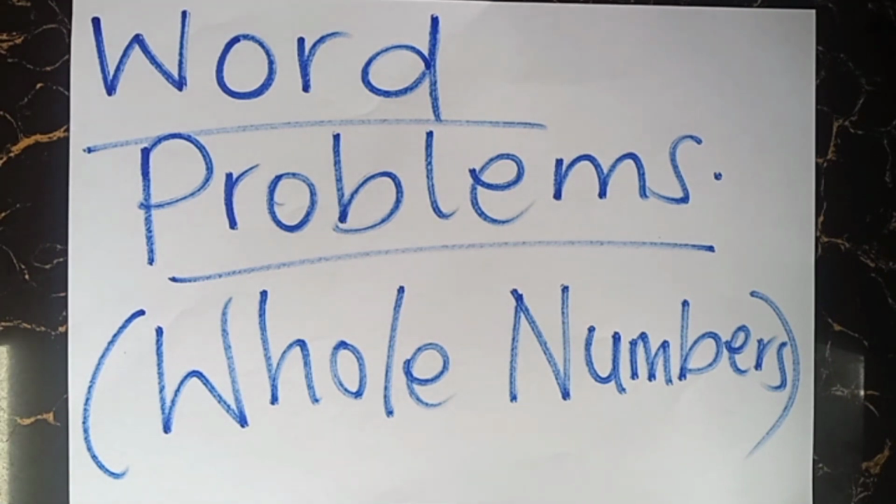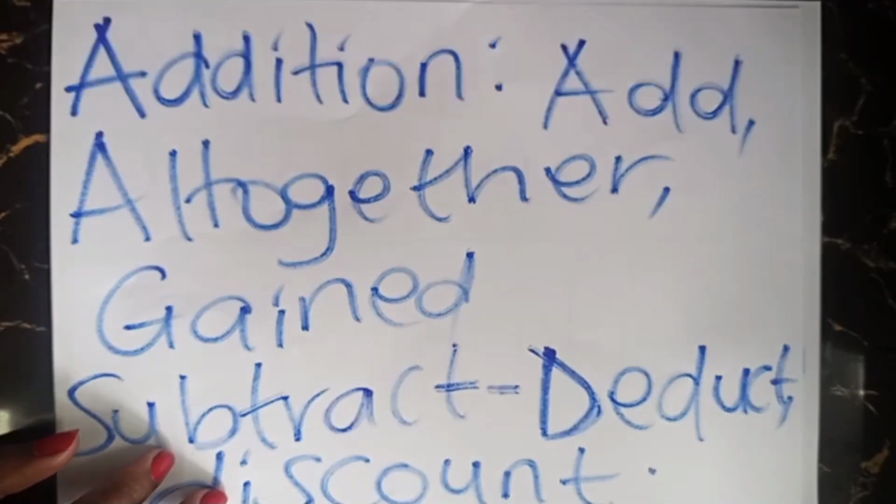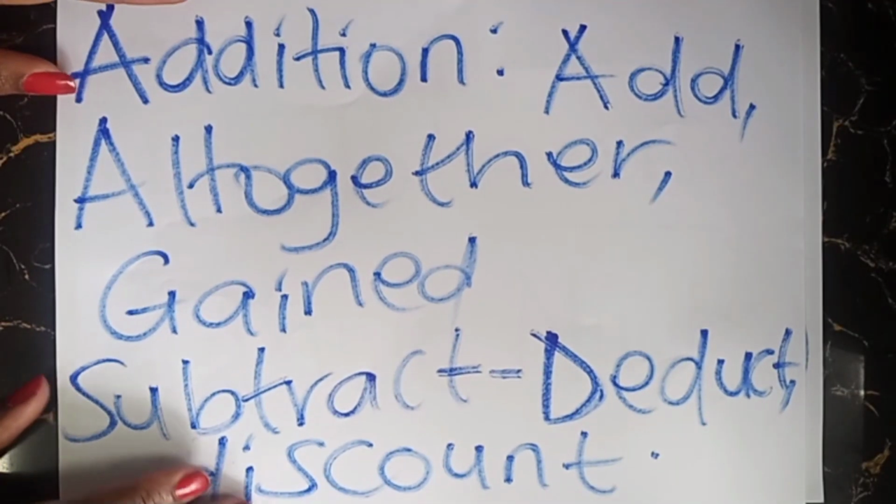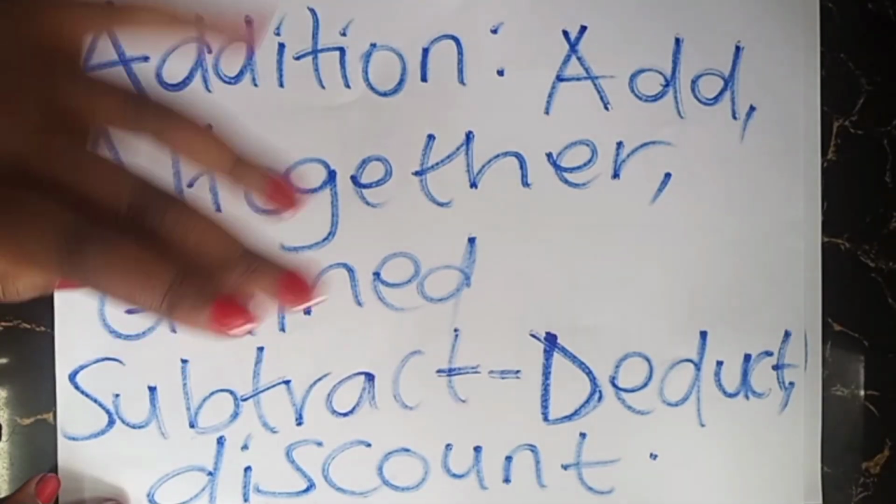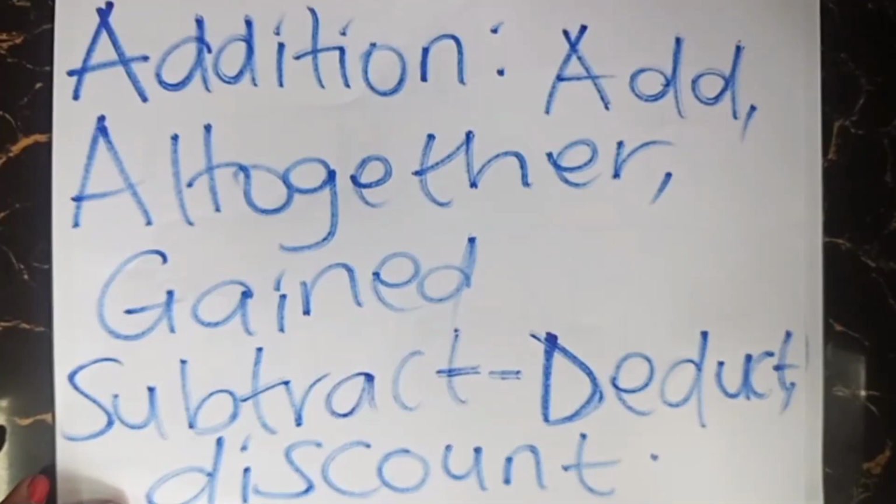What will help us hack this concept is being able to identify some keywords. If a question wants you to use addition, you'll see words like add, altogether, gain. If a question wants you to use subtraction, you'll see deduct, discount.